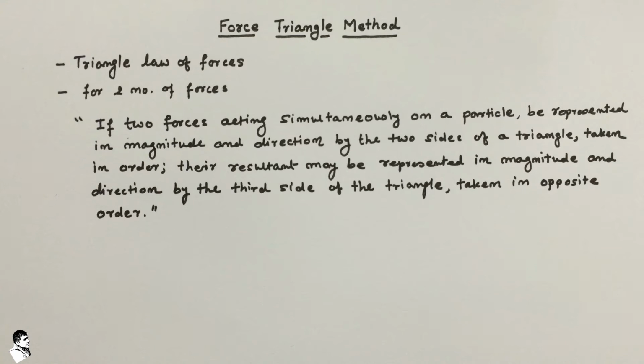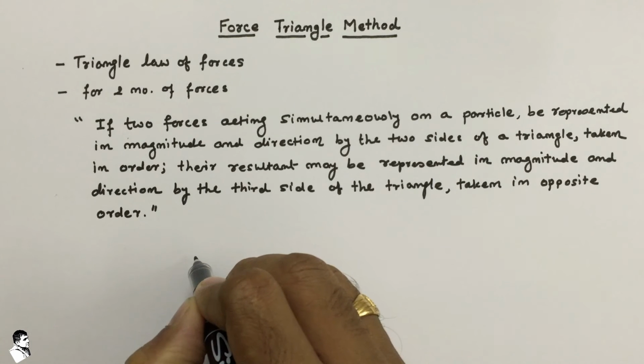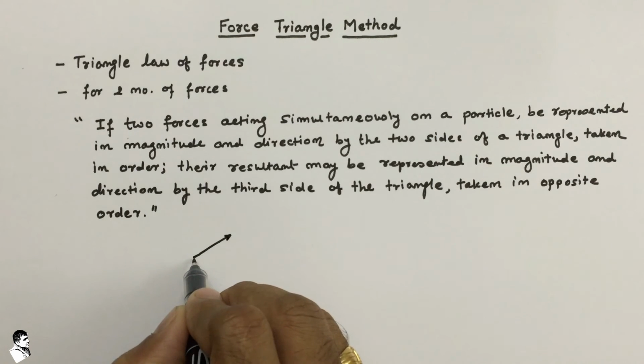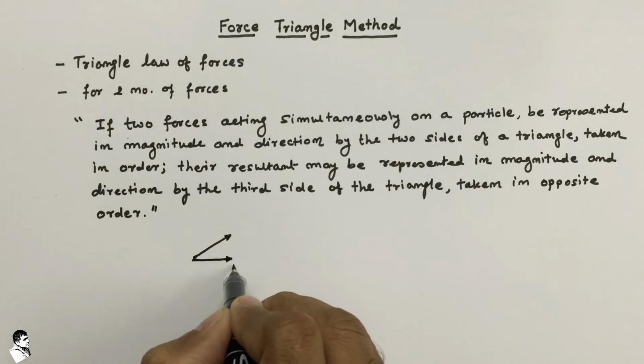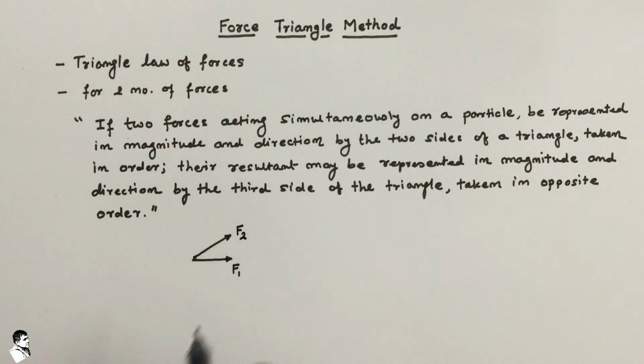Now in this method, if we draw two forces, F1 and F2, in a particular direction, and if you want to find the resultant of that, we have to plot a proper graphical representation using a proper scale with respect to the given force magnitudes F1 and F2 in order.